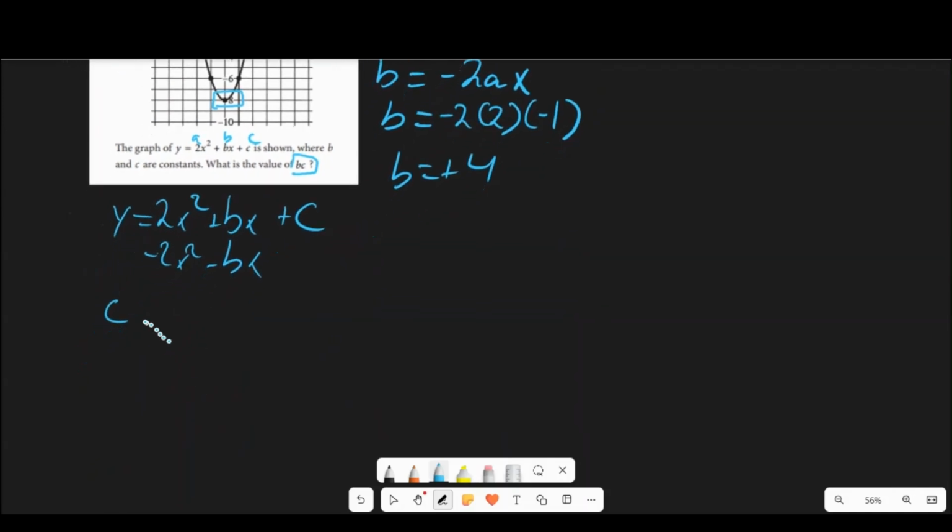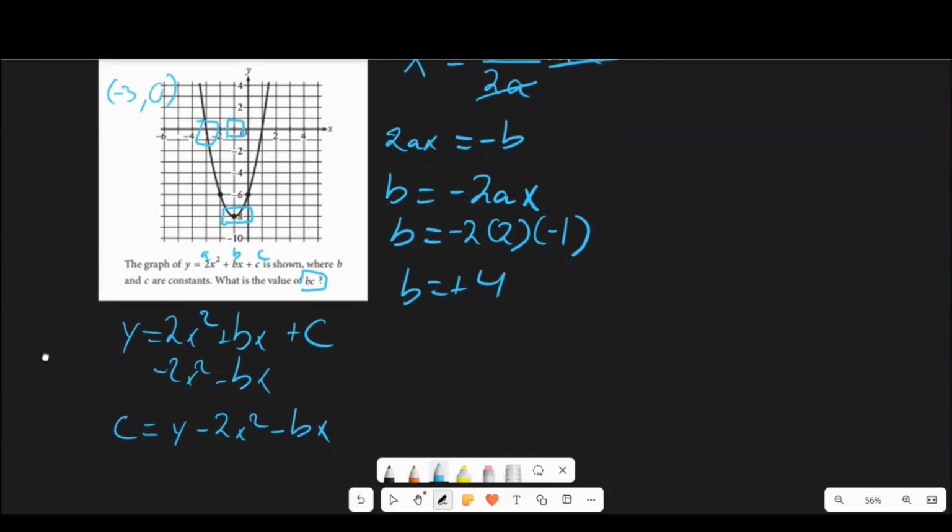So then we are left with c is equal to y minus 2x squared minus bx. And then if you want to be extra fancy, you could factor out the x, but I'm not going to do that.